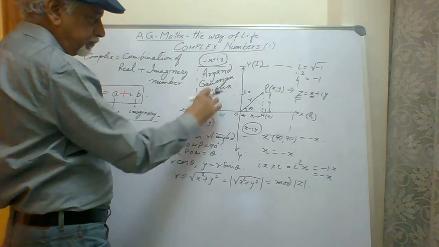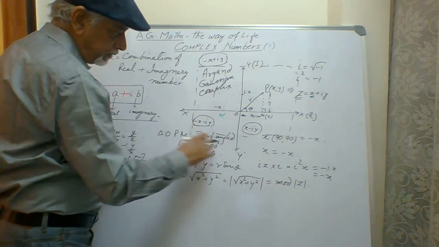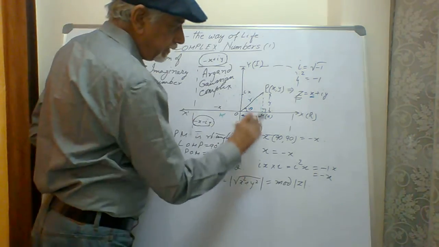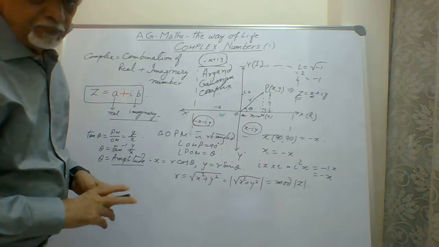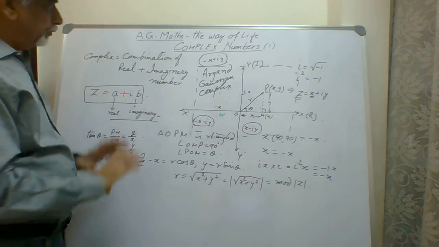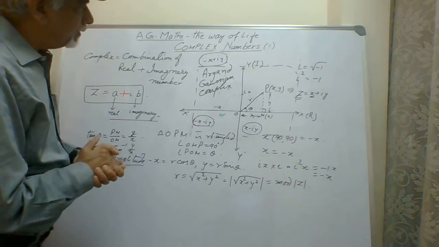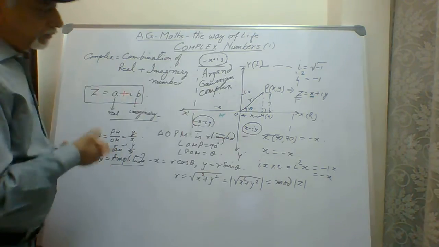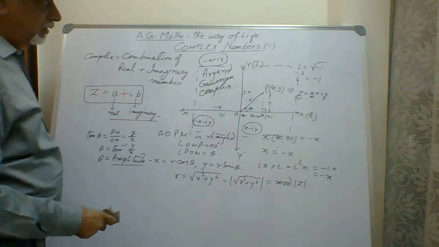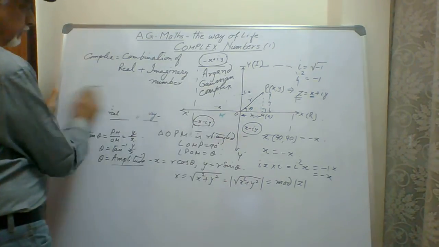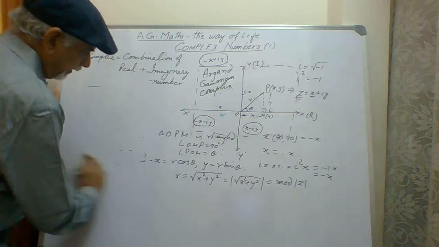X is negative, y is positive. X negative, y negative in the third quadrant, and in the fourth quadrant x is positive, y is negative. So I have given you broadly what a complex number is, how we represent it on a complex plane, and what is the meaning of z is equal to x plus iy.